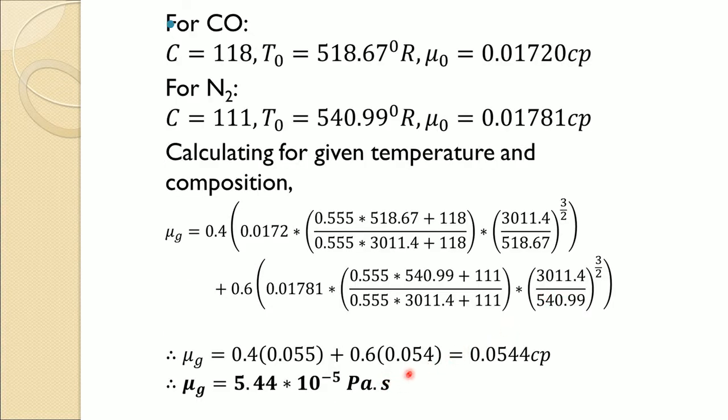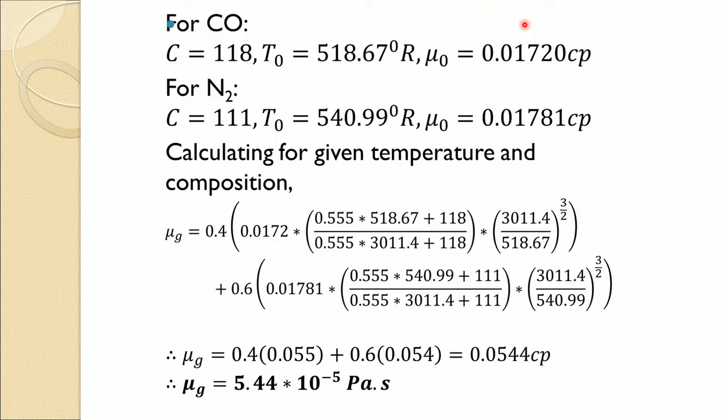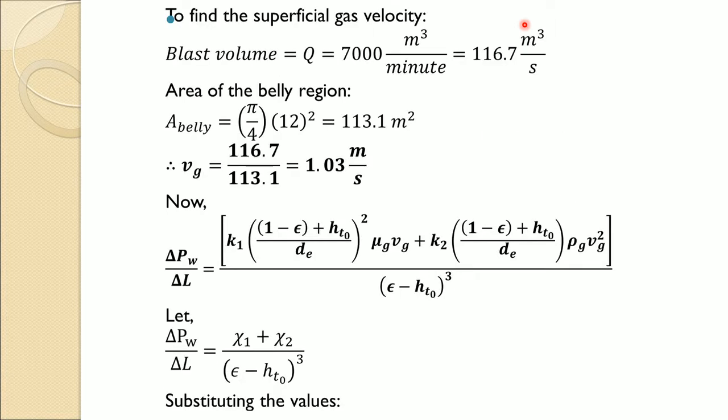So, now you got the mu g, you got the rho g, you still need the superficial gas velocity. For that, you already know the blast volume, which is about 7,000 meter cube per minute. In meter cube per second, it would be this. Now, the average diameter of the valley and Bosch region is given, which is about 12 meter.